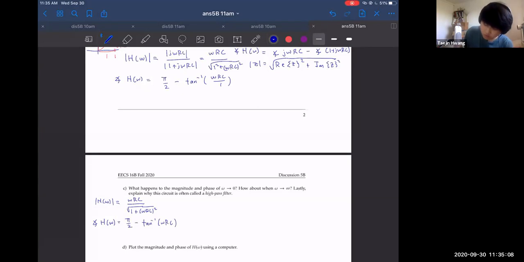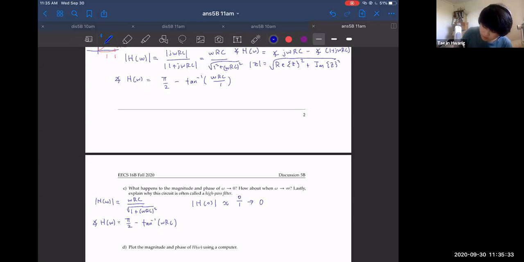For smaller values of omega, omega RC is really small, so 1 plus omega RC squared is going to approach 1. This is approximately equal to 0 over 1, meaning the magnitude is going to go to 0.